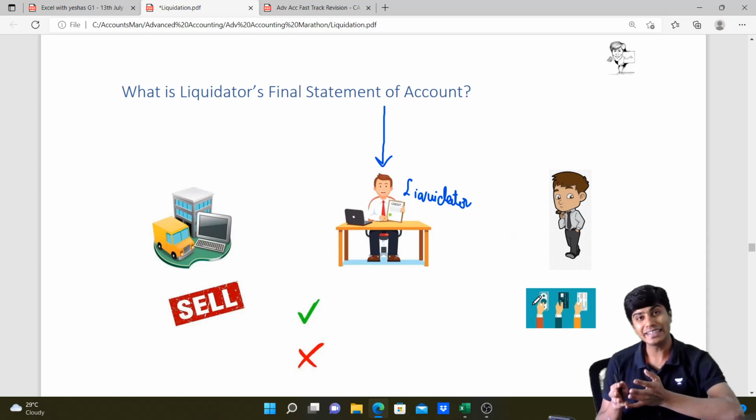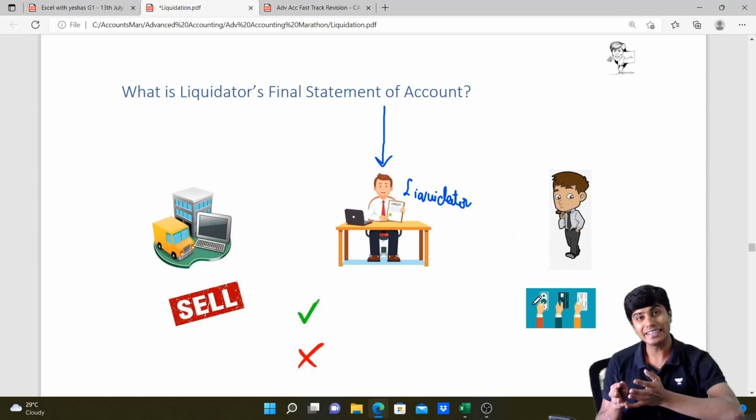It is the liquidator's responsibility to sell all the assets and repay all the liabilities.